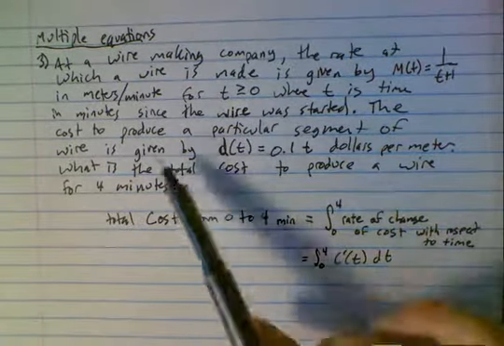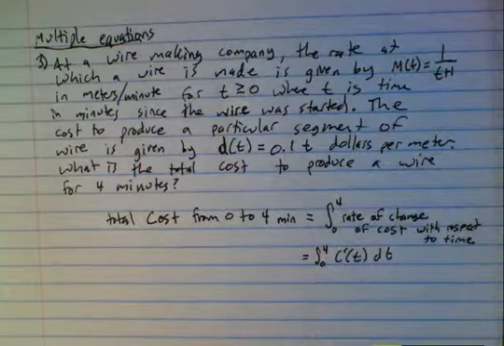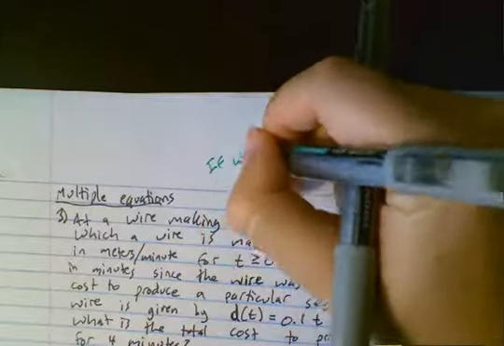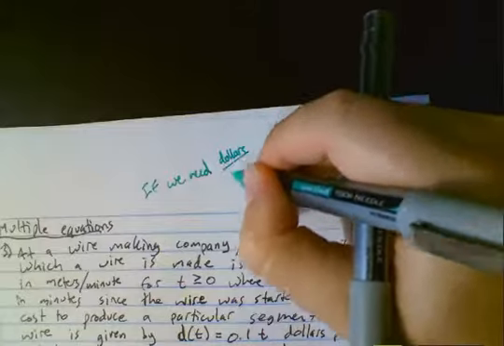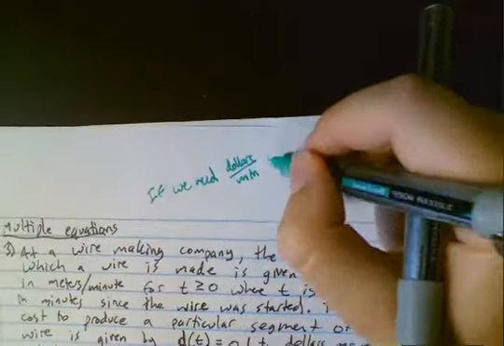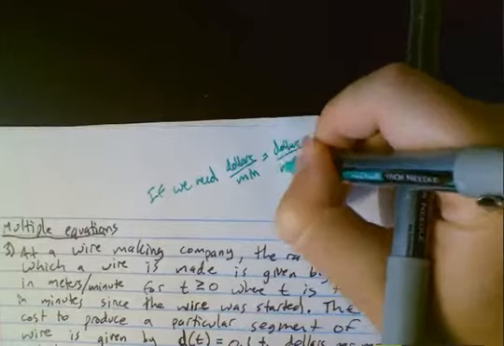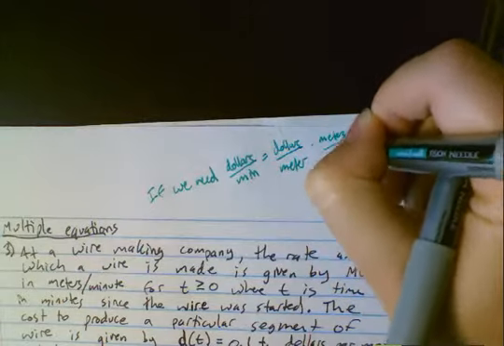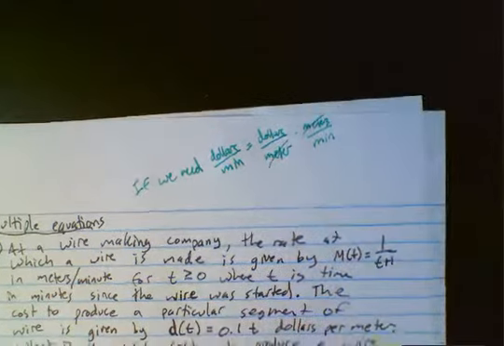And right now the cost to produce a particular segment is given in dollars per meter. Now, the thing that we can notice though is that if we need dollars per minute, and what we have is dollars per meter, if we have something that is meters per minute, then these meter units will cancel right out and we'll have dollars per minute.